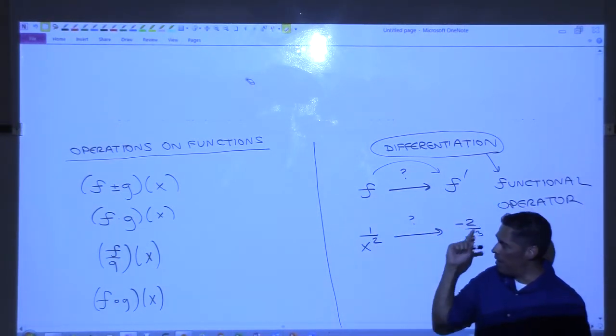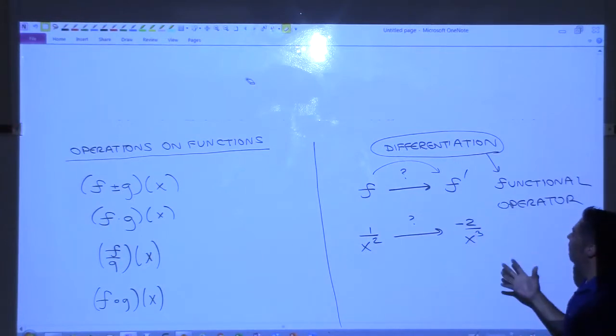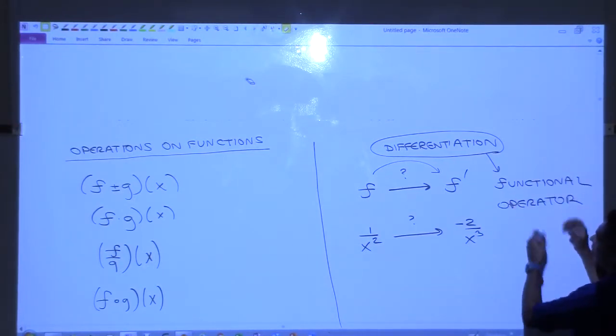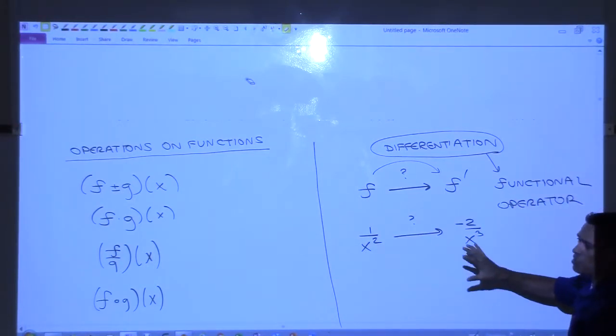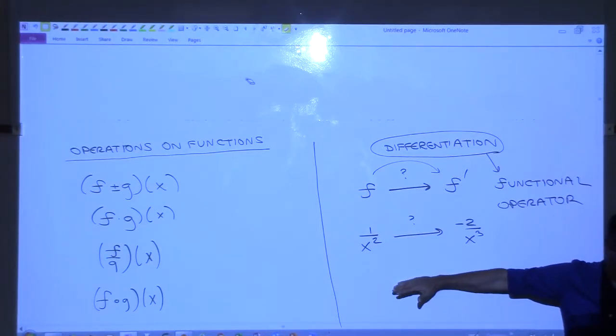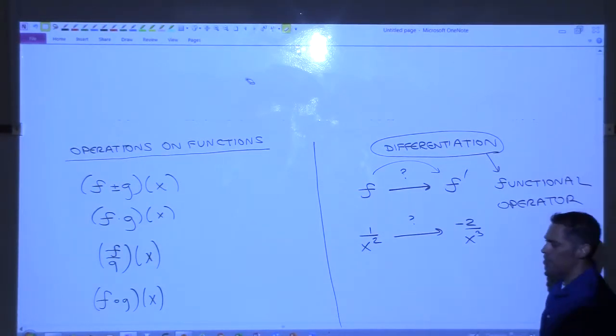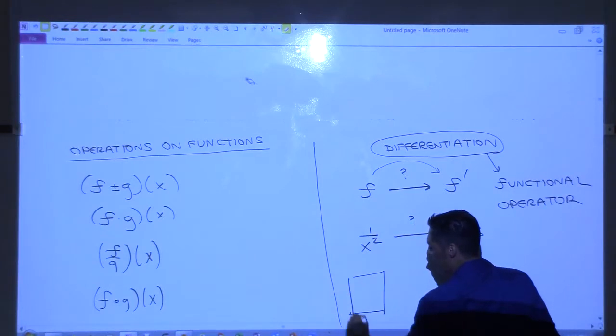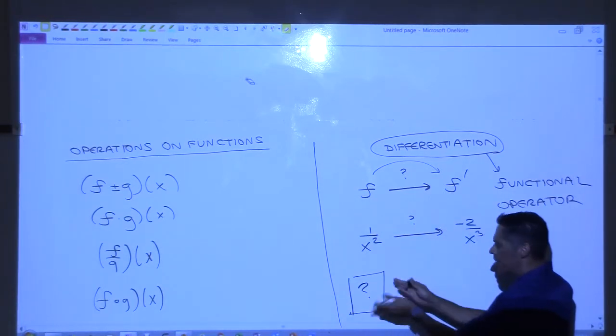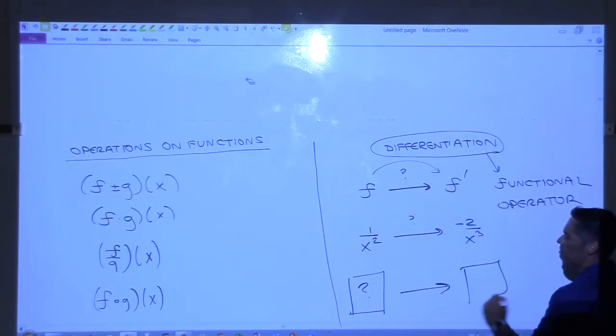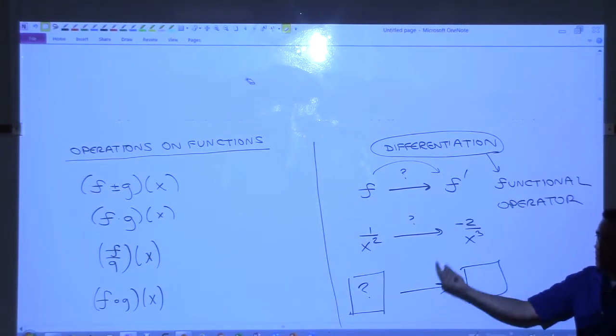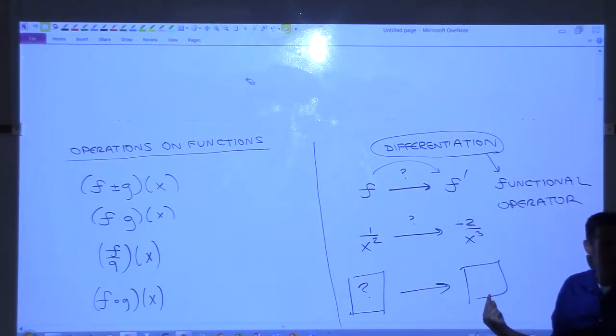Understand? Okay. So this whole thing, this functional operator called the derivative or differentiation is what basically the rest of the class is about. We want to be able to start with some arbitrary function that anybody can hand us, and we want to be able to send it through this operator and come out with its derivative. All right?